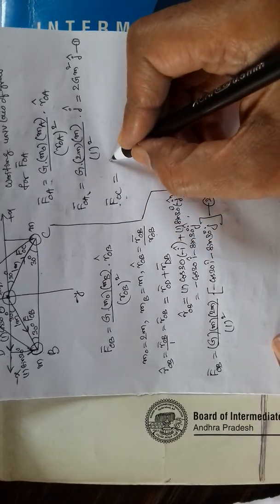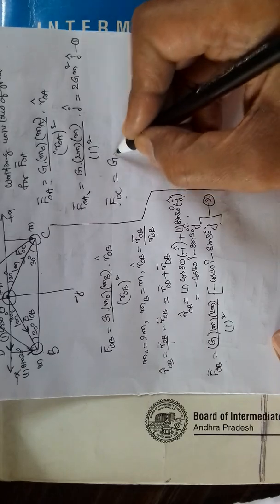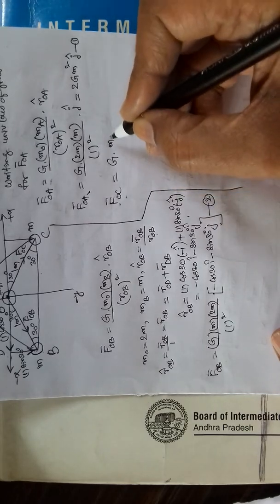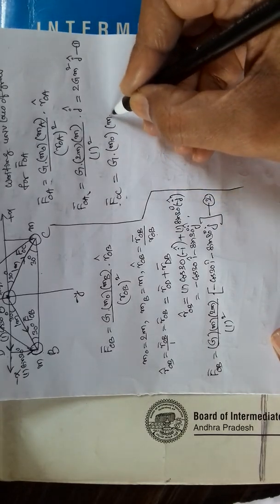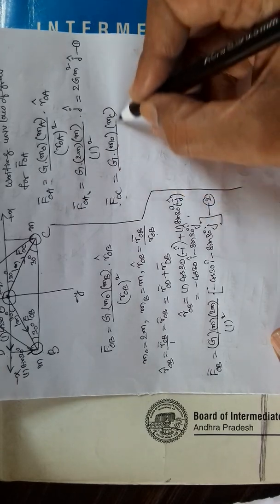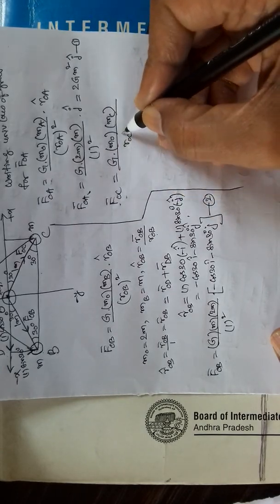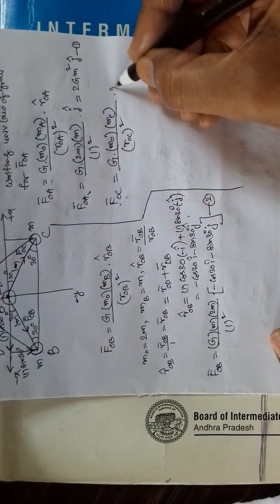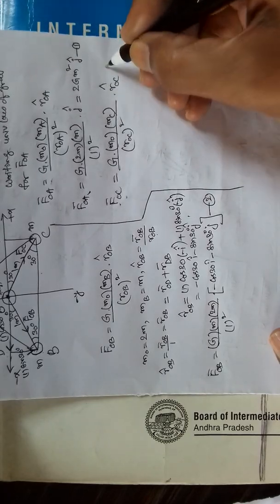FOC is equal to capital G MO MC by ROC square into unit vector ROC.